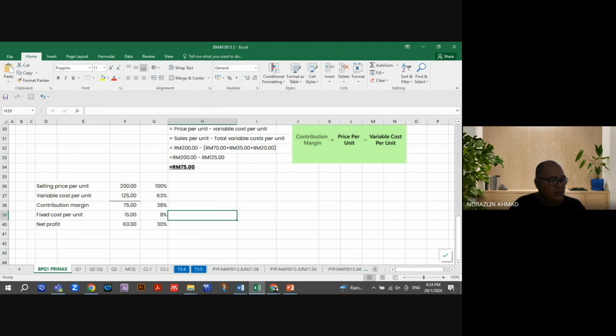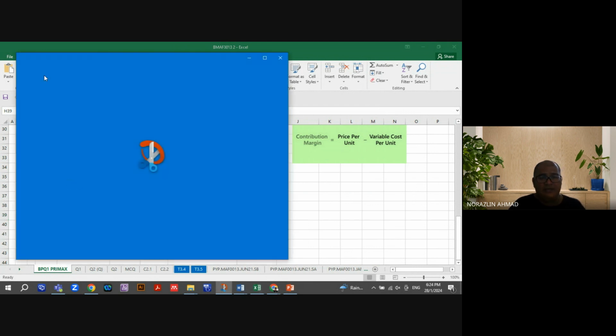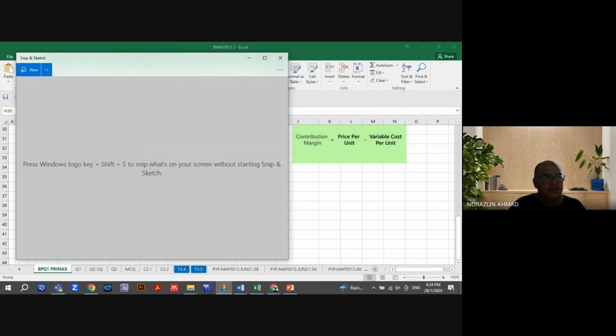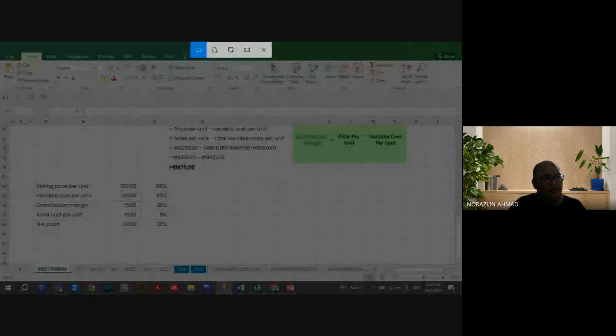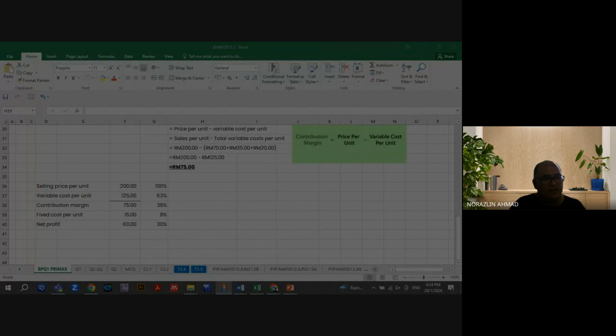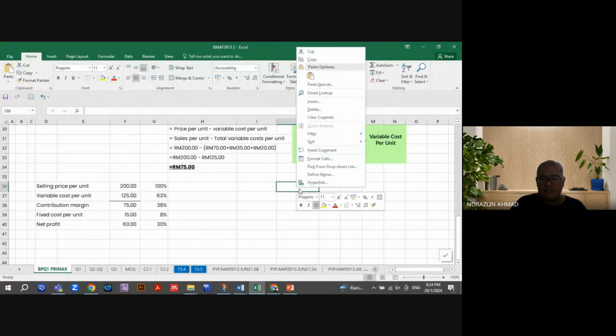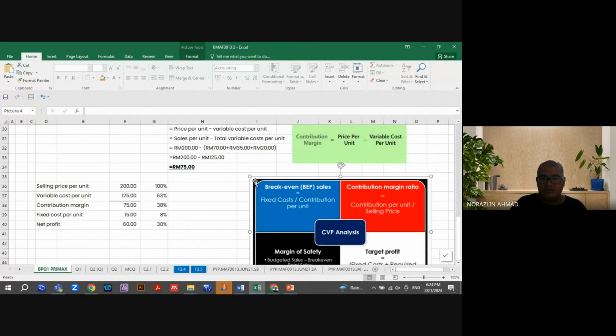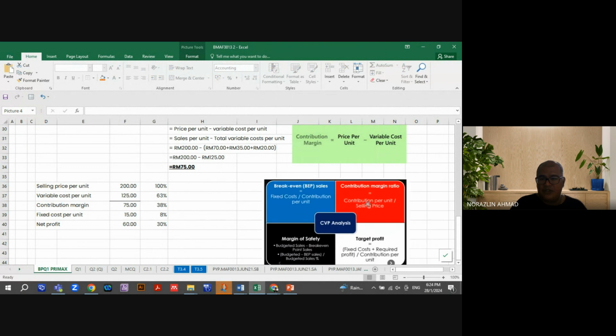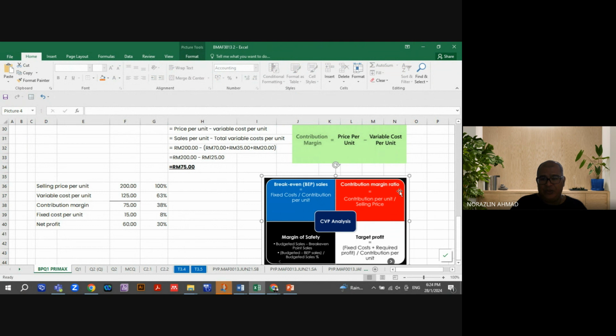Okay. Contribution margin ratio: contribution per unit, you divide by selling price.